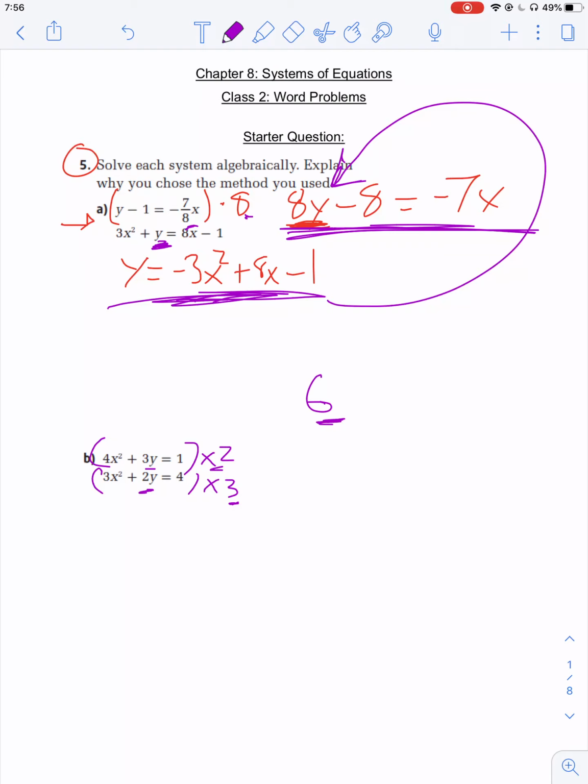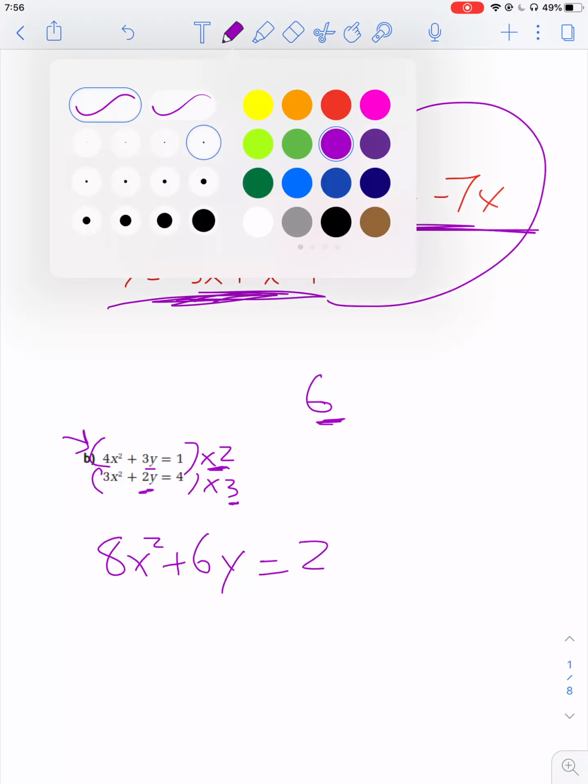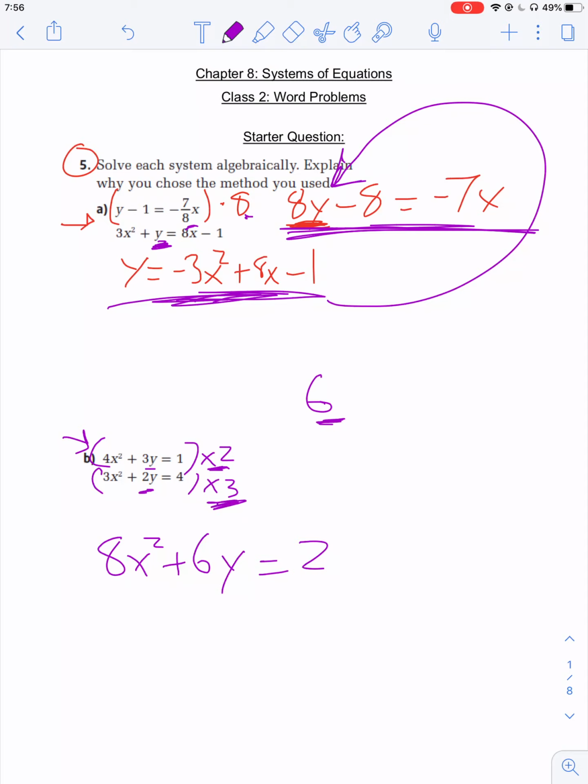So the top equation, because I'm multiplying by 2, will become 8x squared plus 6y is equal to 2. And the bottom equation, I'm multiplying by 3, so 9x squared plus 6y is equal to 12.